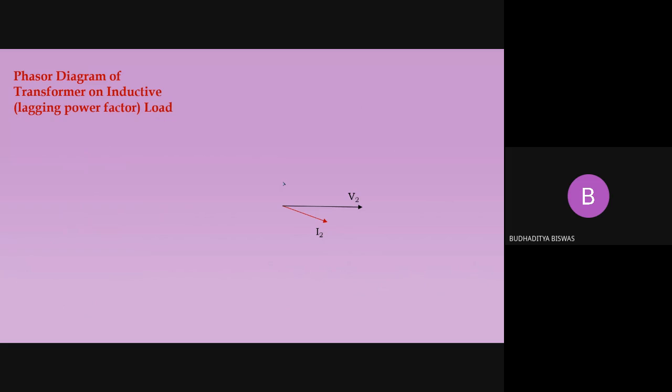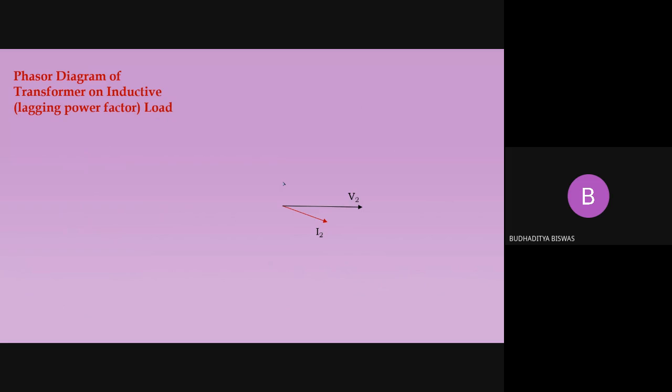For lagging power factor load, I2 should lag V2. For leading power factor load, I2 should lead V2. And for unity power factor load, I2 and V2 should fall in the same axis. This is the basic thing you need to remember to draw the phasor diagram of the transformer under a defined load condition.